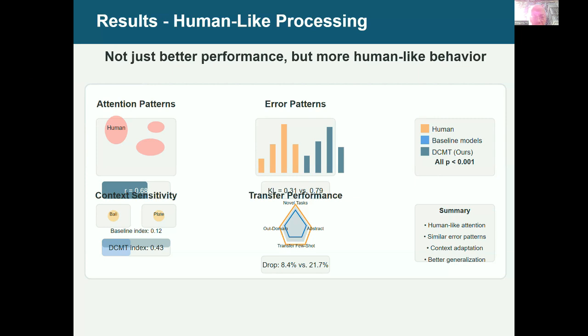And the transfer learning panel shows that when evaluated on novel tasks not encountered during training, our model showed superior generalization capabilities, with much less performance drop-off compared to baseline models.